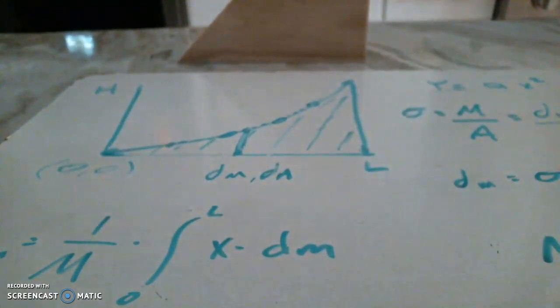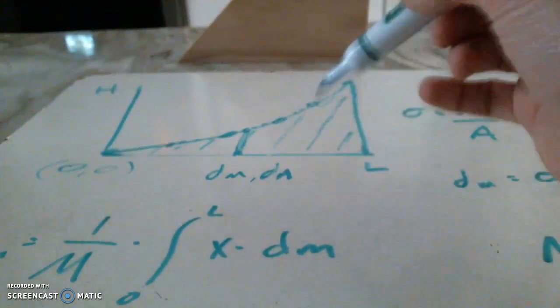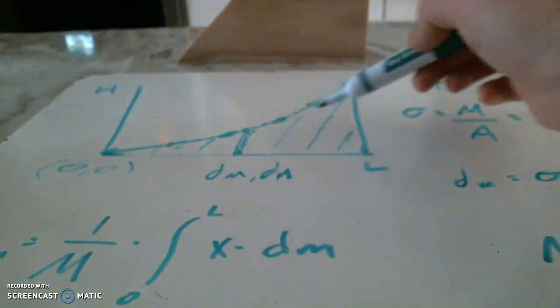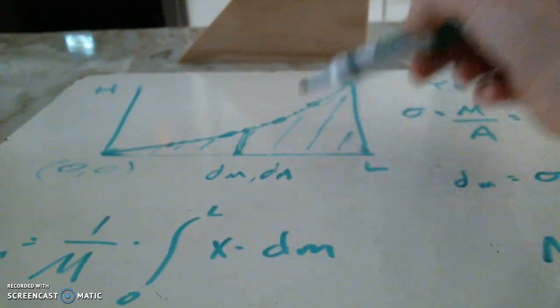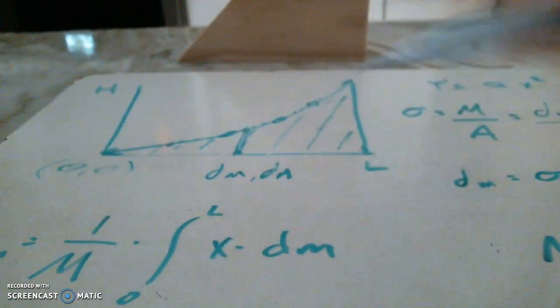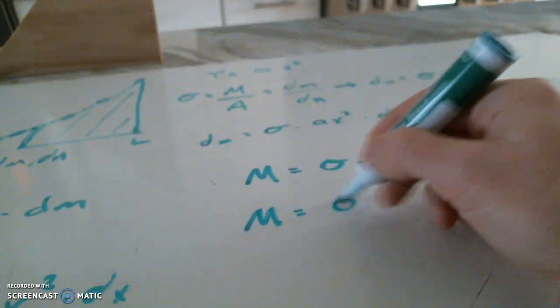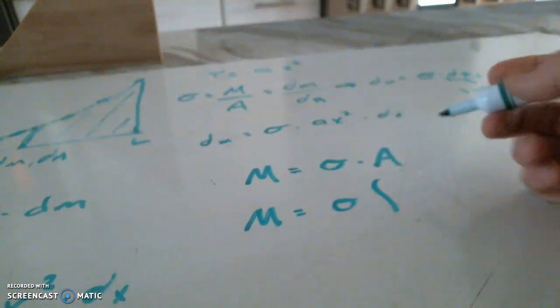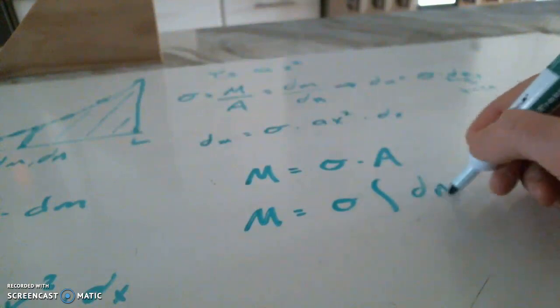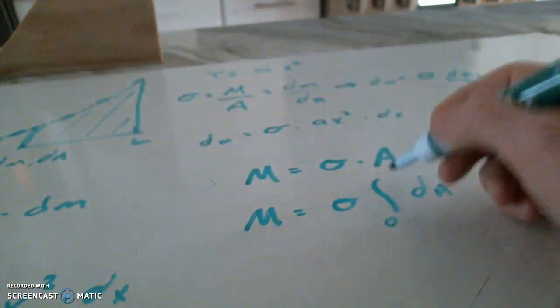The a whole is the sum of all the tiny little a's. And so this, again, is just an integral. If I want to know the area under the curve, I need to add up all those differential areas. So the mass equals the density times the integral of the differential areas from 0 to L.